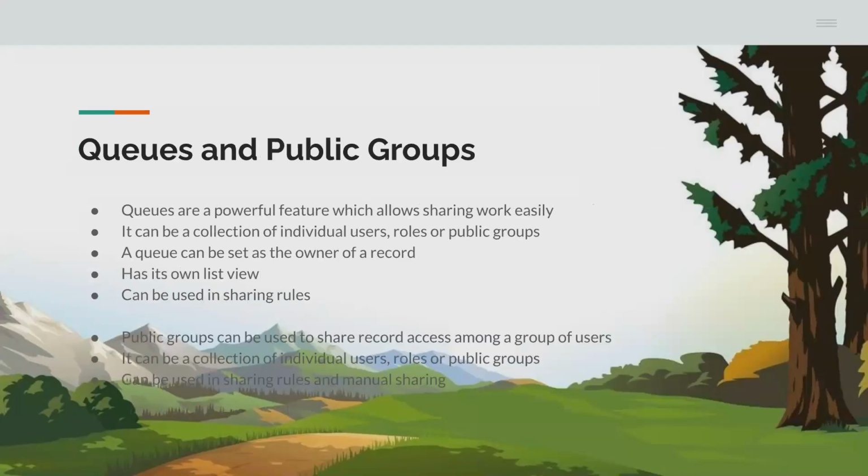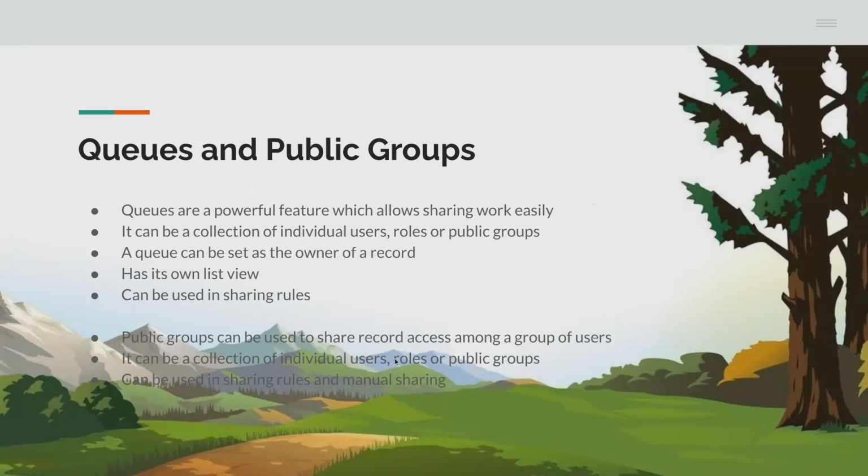Now we can go to another, a bit more detailed feature: queues and public groups. Public groups can be used to grant access through sharing rules, as you saw in my example. Public groups are just a group of users. You create a group with a name, and then you add a set of users to it.